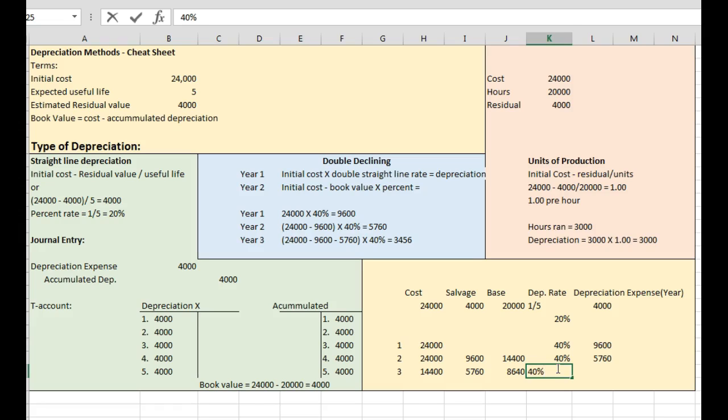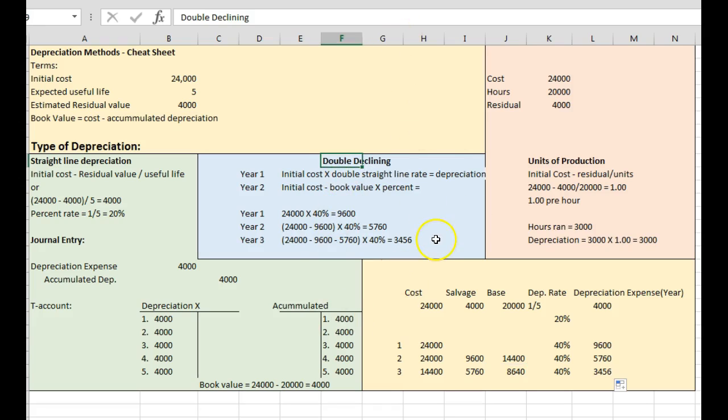And I multiply that times the 40% to come up with year 3 depreciation of $3,456. So you're always subtracting the previous years from the last base. You never depreciate under the salvage or the residual. Once that becomes close to 4,000, then you can only depreciate up to that 4,000. So that is double declining.